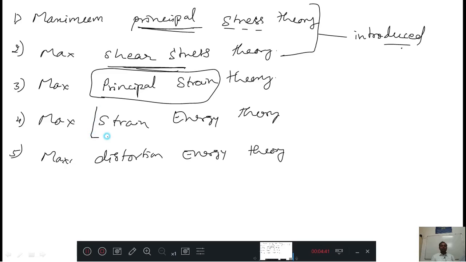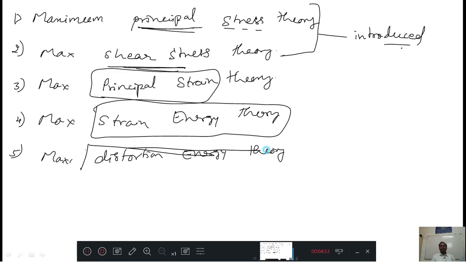You don't know the meaning of strain energy, therefore it's not included. This theory is not included in the 3rd semester. You don't know distortion energy either, that's why this is not included in the syllabus. It doesn't mean that we can ignore these. No, for your third semester mental ability, you can digest the principal stress and shear stress theories.